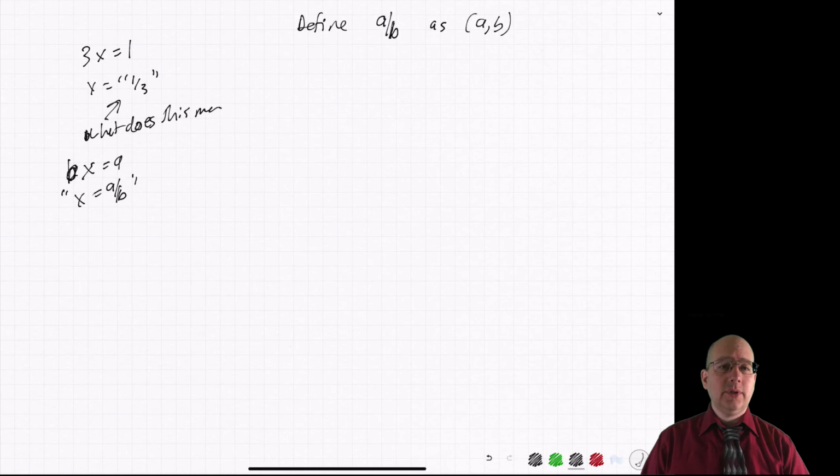So now it can be rationals or whatever. But we've just created yet another number in a very similar fashion. Only here, the key relationship is that of scaling.